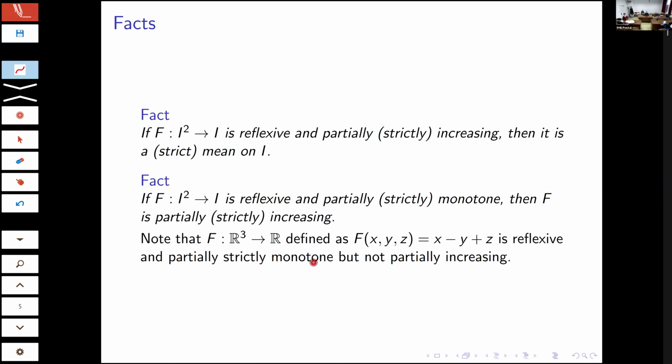A very simple example is x plus y, x minus y plus z, which is increasing in each of the variables, and if I write x, then I get x. So it is clearly reflexive, but the statement is not true anymore. These are the two tiny facts.